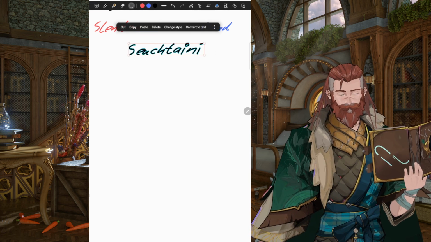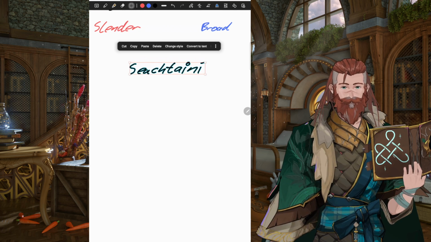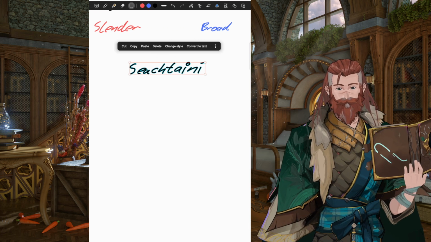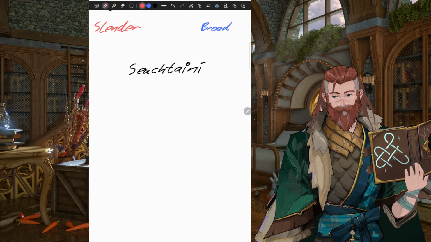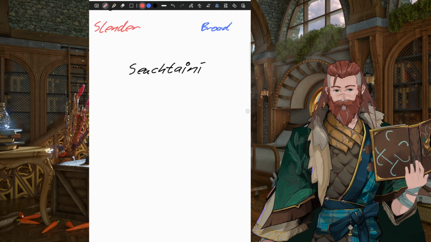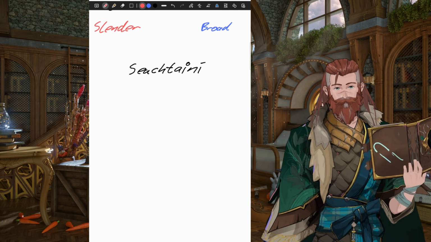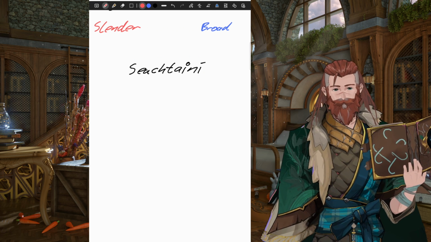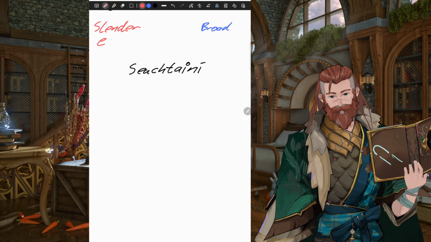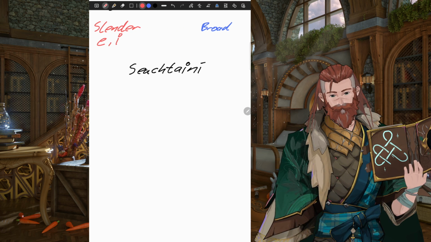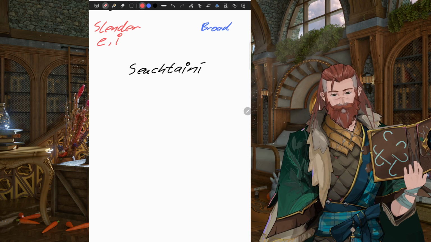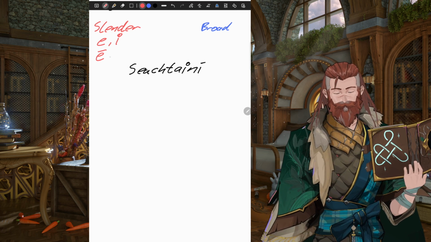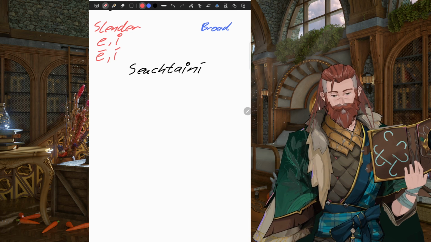We're talking about vowels informing whether or not a consonant is going to be slender or broad. Slender consonants are going to be surrounded by E, I, or E with a fada, or I with a fada.